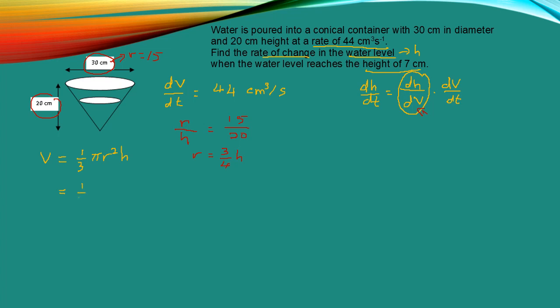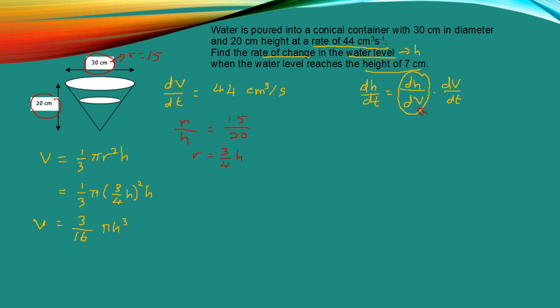Volume V equal to 1 over 3 pi r square, then substitute r is equal to 3 over 4 h, squared, multiplied by h. So simplify, V will be equal to 3 over 16 pi h to the power of 3.